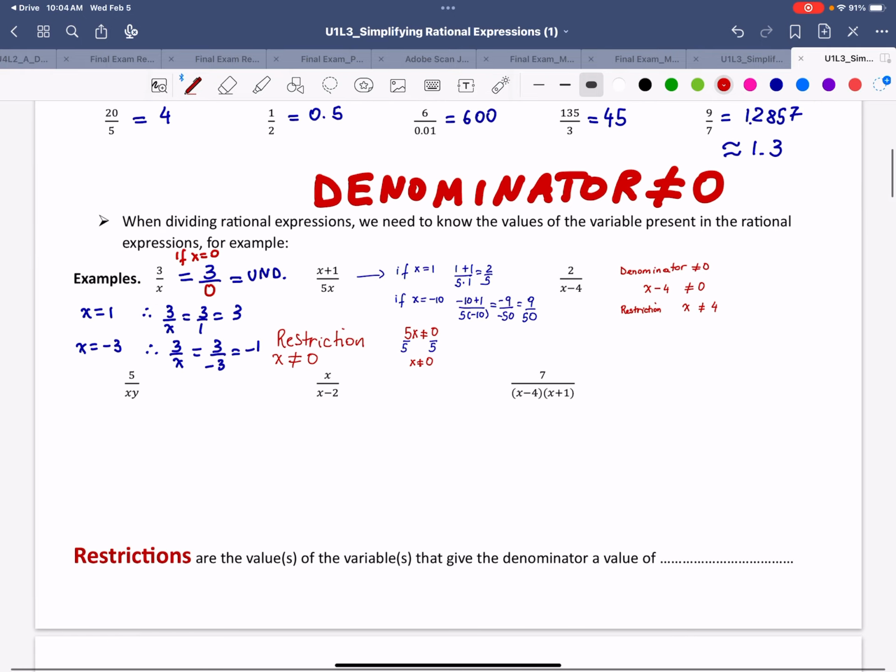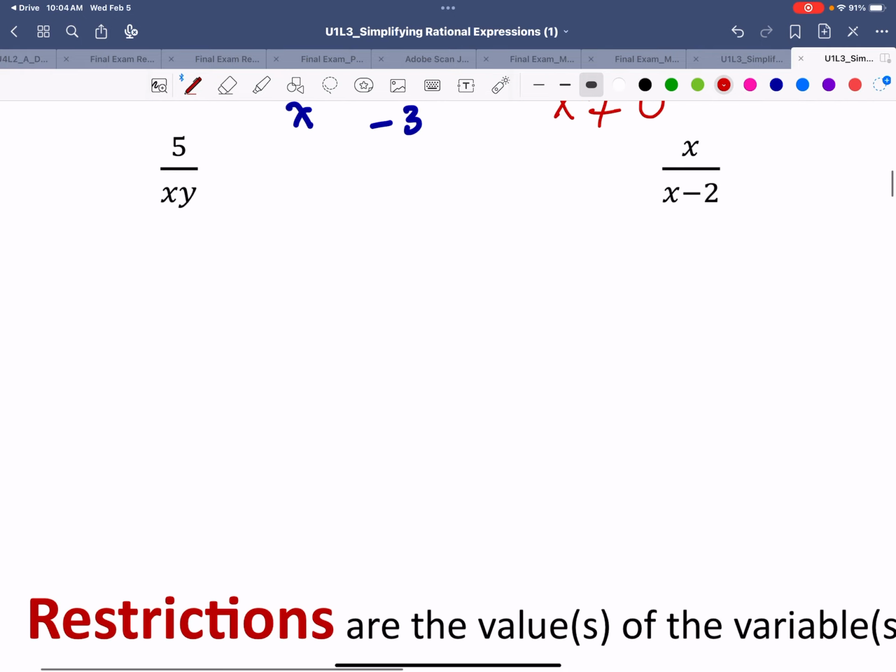So we're going to continue with the next question, and we're going to work a little bit faster. In this case, we are stating restrictions on 5 divided by x times y. The operation between x and y here is multiplication. So remember, in multiplication, if either factor equals 0, it will make the entire product 0, and our denominator is in product form here.